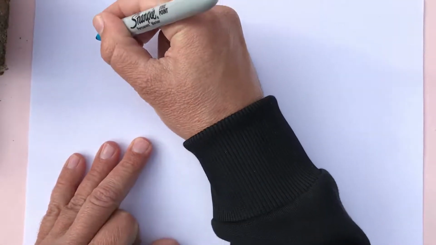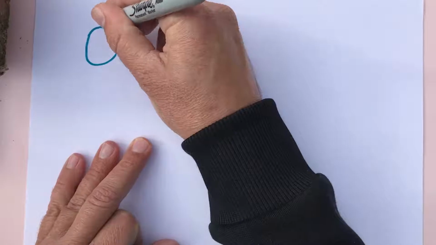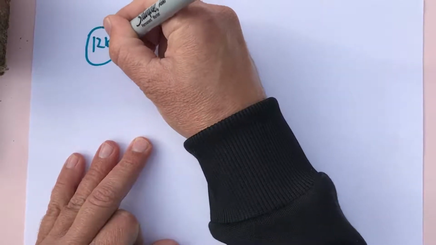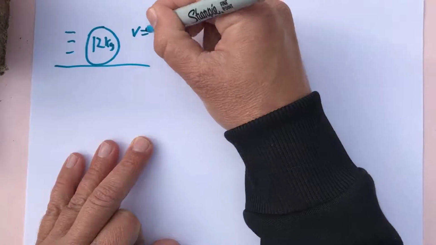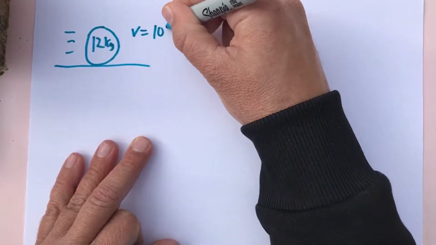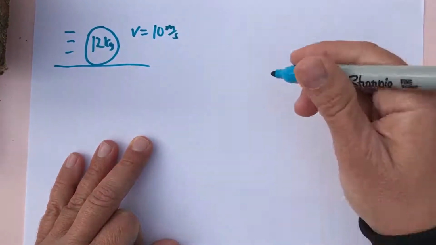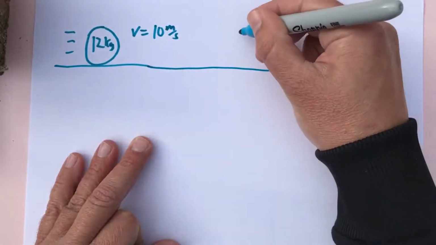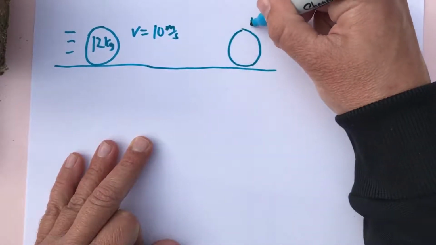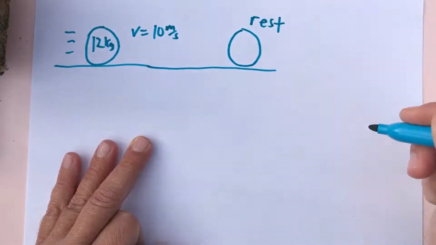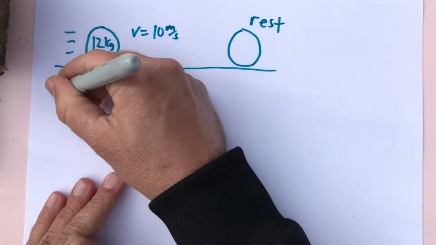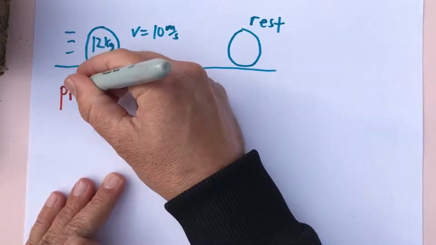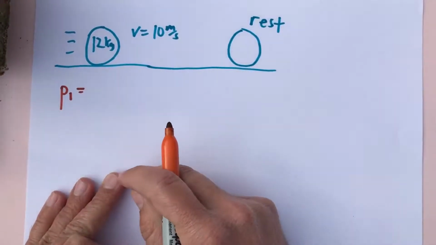So let's say we've got a little bowling ball, and it's a 12 kilogram bowling ball rolling along here. And let's say it's got a velocity of, let's make it easy, 10 meters per second. And then later down the line, you exert a force and you bring this thing to a rest. So a lot of easy questions here. First of all, let's find its momentum 1, we'll call it here, its first momentum.